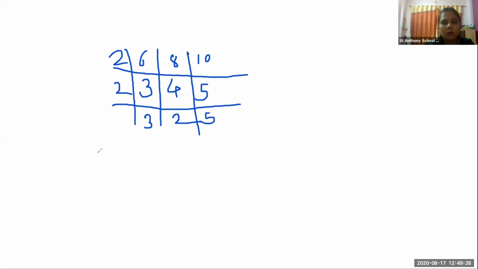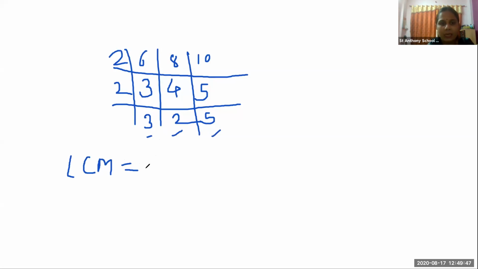Okay. So what would be our LCM then? LCM of 6, 8 and 10 is equal to what? See, when we get here 3, 2 and 5, no need to divide again by 3, 2 and 5, because these are prime numbers, right?